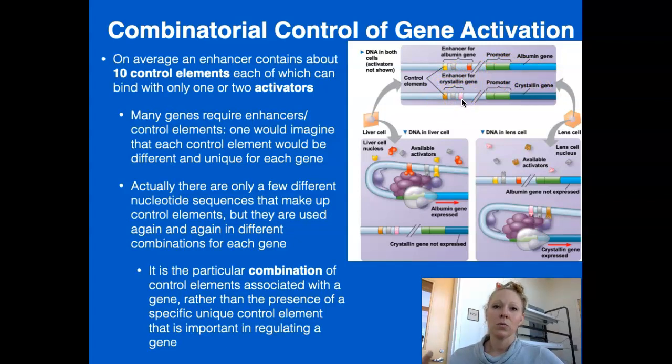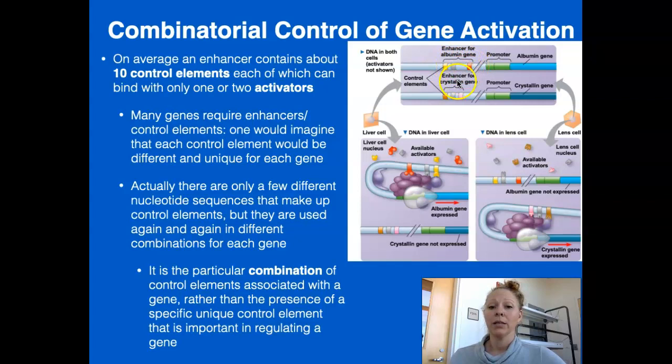Think once again that we have one message and we are using different means to express it in different ways. Over and over again, we use the same control elements, the same nucleotide sequences. We can see here we have a yellow, a gray, and a red.